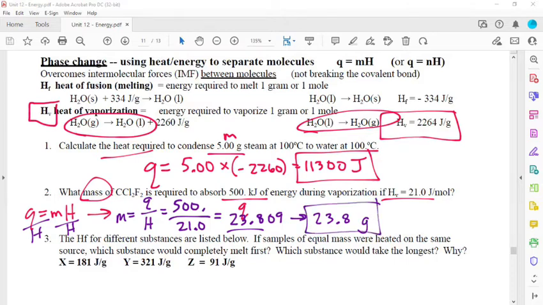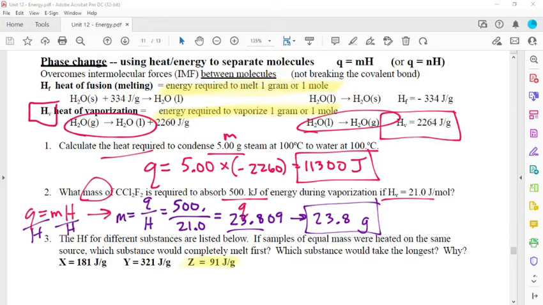In this next problem, it doesn't actually need us to do a calculation. It gives us several different H values and asks us which would completely melt first. So I'm going to bring us back to the fundamental definition of these H's we're talking about. These H's, no matter whether it's a heat of vaporization or a heat of fusion, is a measure of how much energy is required to melt a standard amount, 1 gram or 1 mole of that substance.